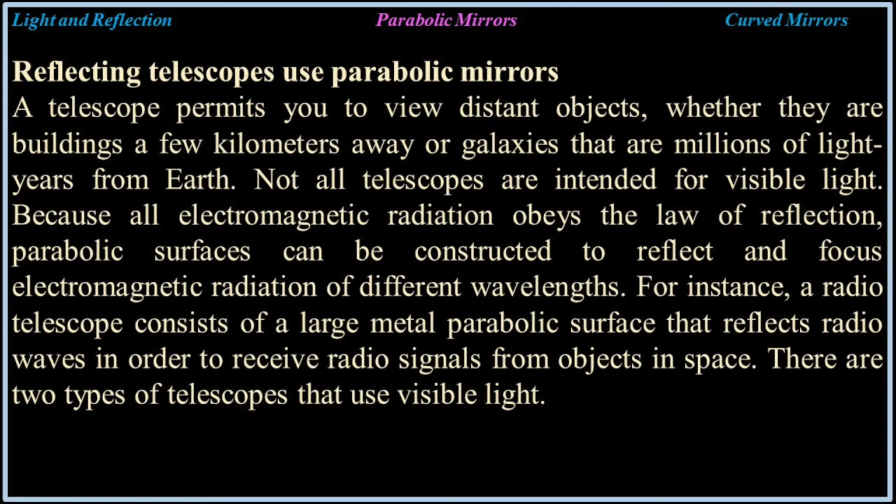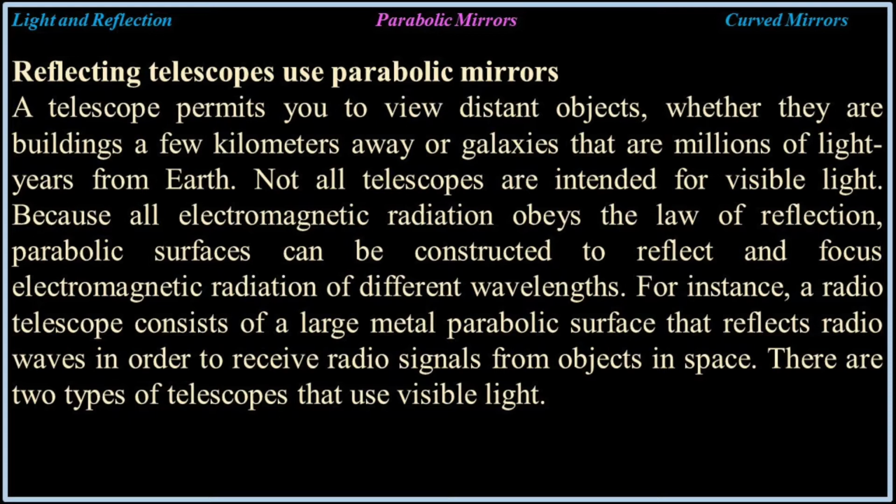A telescope permits you to view distant objects, whether they are buildings a few kilometers away or galaxies that are millions of light years from Earth. Not all telescopes are intended for visible light.